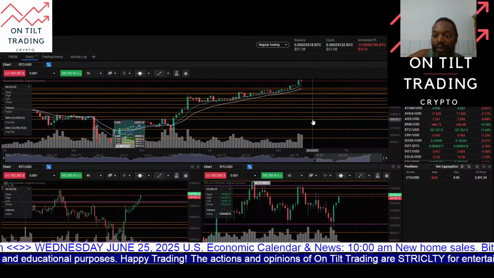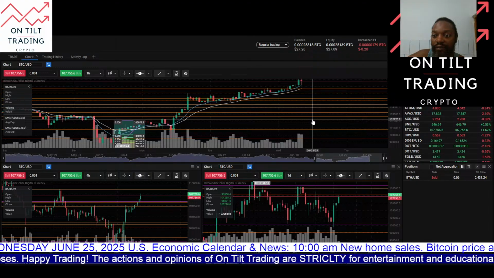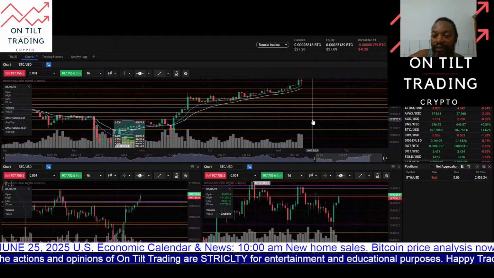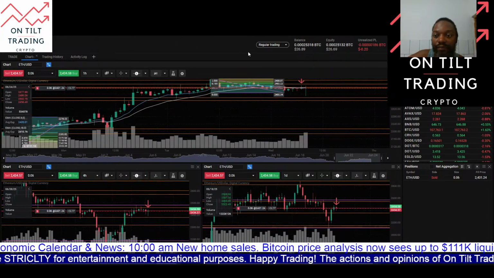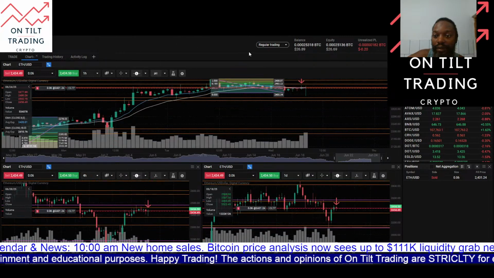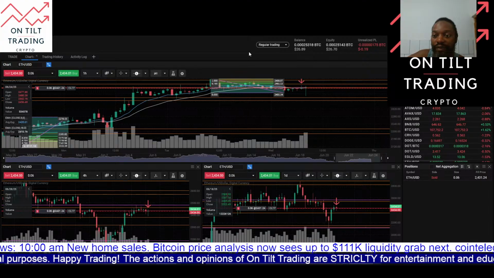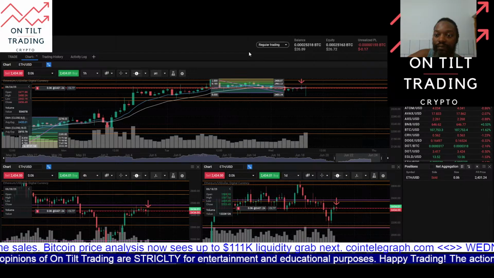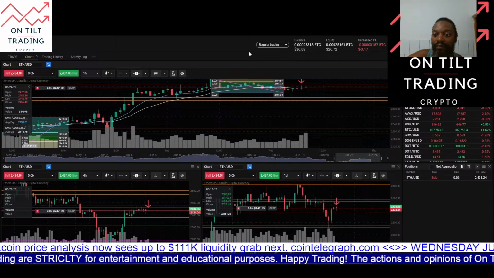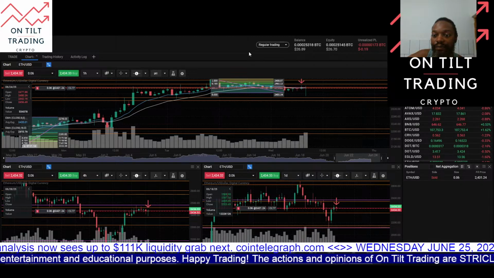Bitcoin still trading near the 107,700 level, now at 107,750. Ethereum 24.34.50, and consolidating.